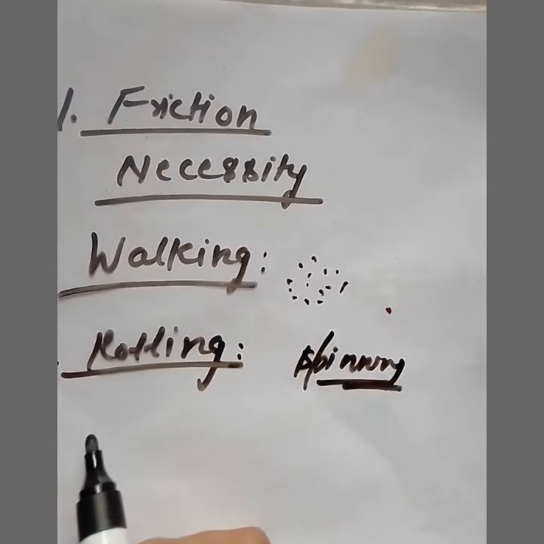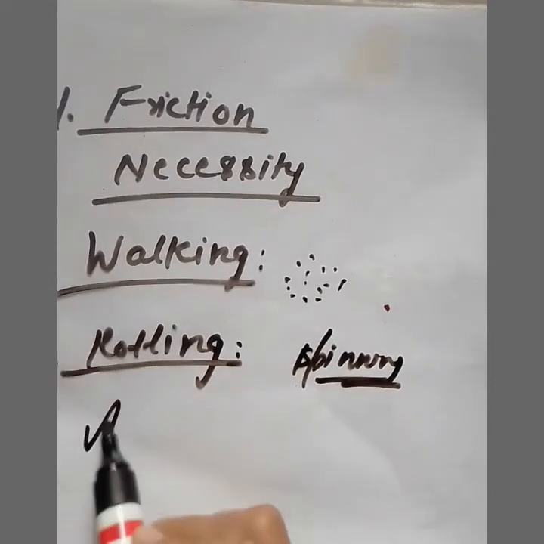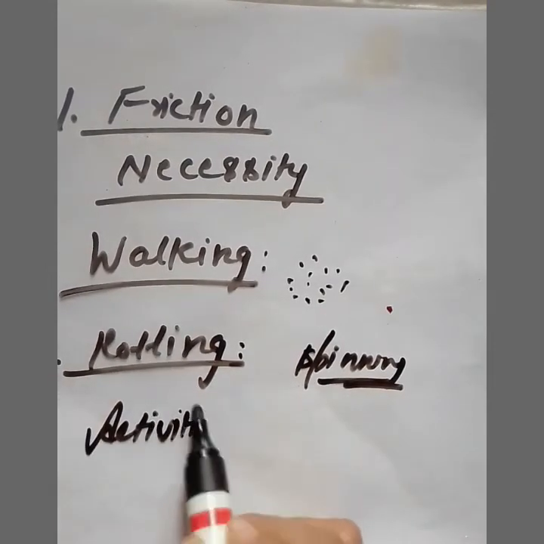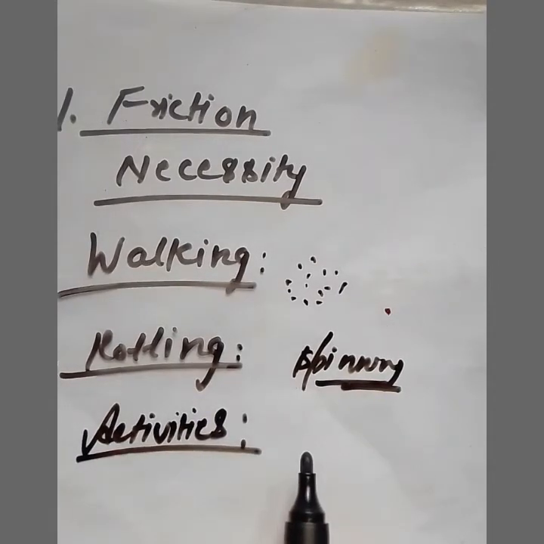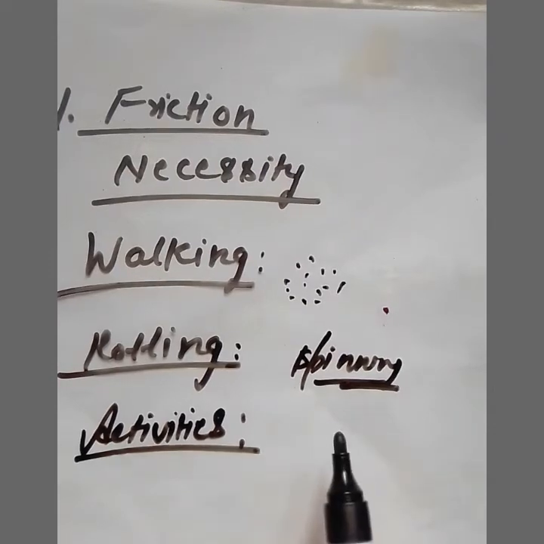Third one is small activities. It also helps in performing small day-to-day activities. Have you imagined that when you write on paper or on the board, there is also a frictional force?